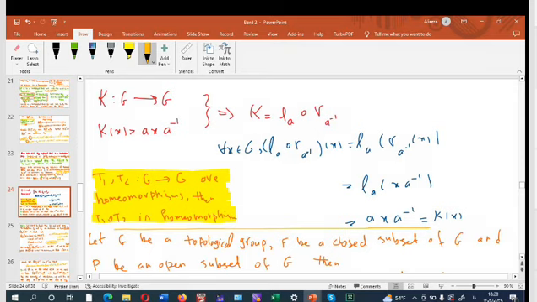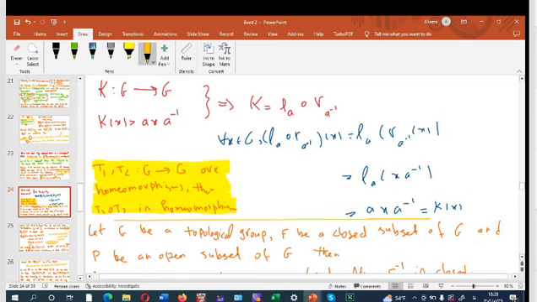For any x, this composition of x equal to this and this equal to K of x. This is very, very trivial. Please note that the composition of two homeomorphisms is a homeomorphism, and this is very easy. Since we know that these two are homeomorphisms, its composition must be a homeomorphism.